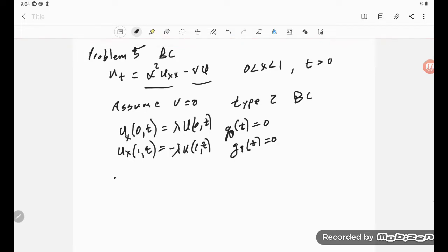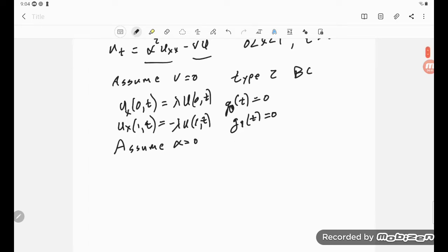Then let's assume alpha equals 0. Okay, what if there is no diffusion? Then what happens? Well, I'm going to sort of draw a funny picture of this, but here's 0, here's 1, right? We're starting out with something that looks kind of like that. And I'm going to write timelines here where time is going to move to the left.